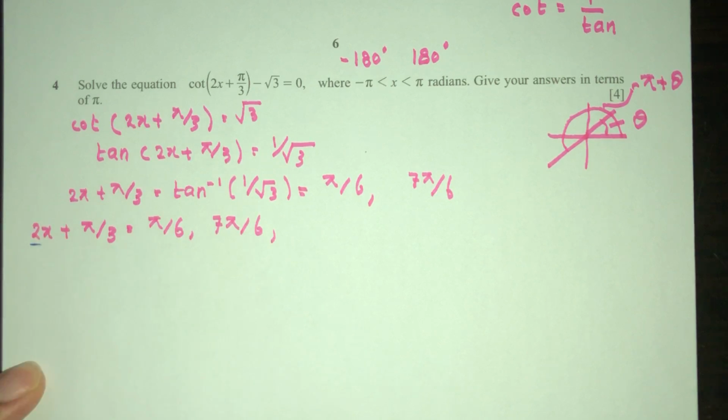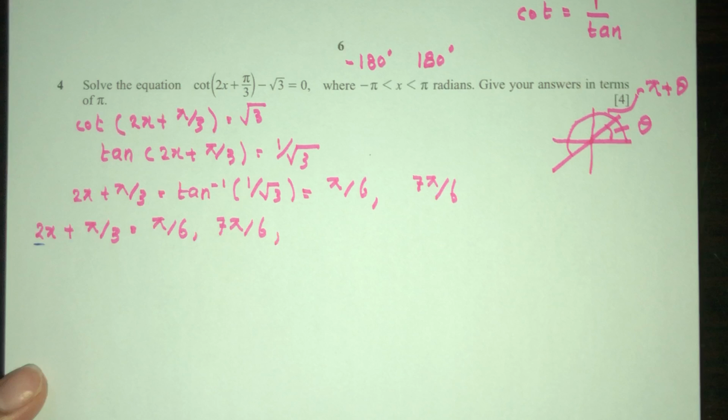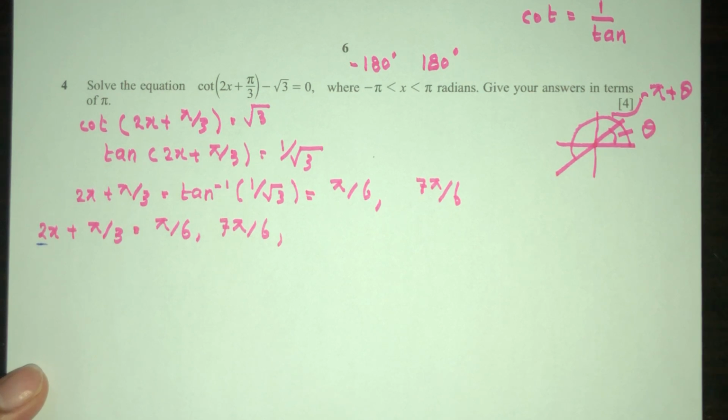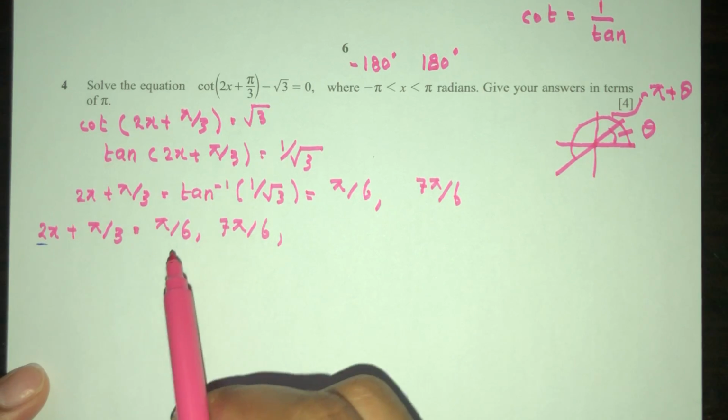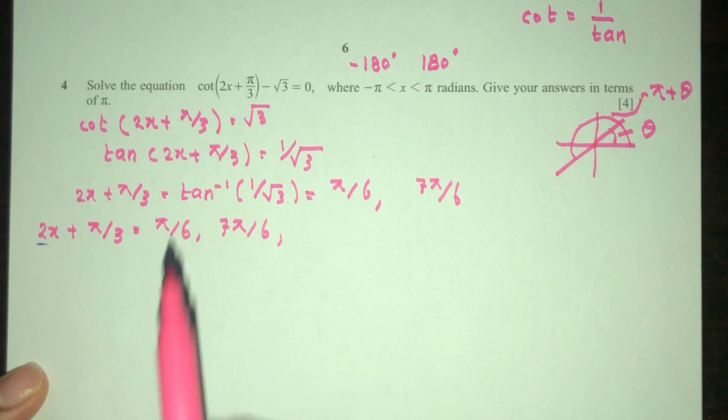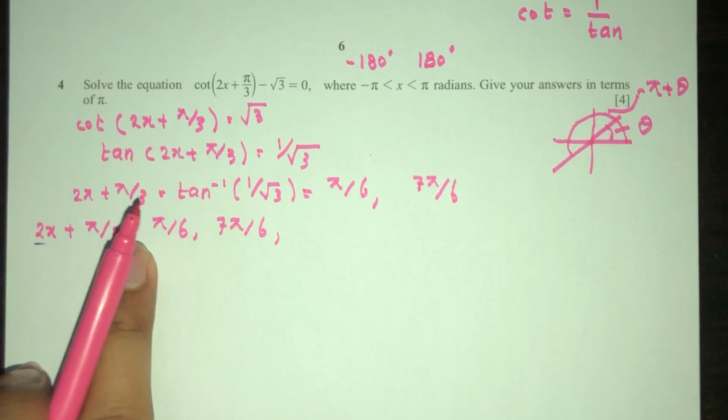It doesn't matter what it is. It could be 4, it could be half, it could be 3, for example. Let's say there's something here right before the x. Because of that, we have to add 2 pi to this and 2 pi to this.